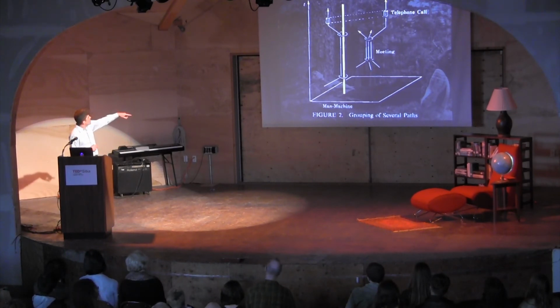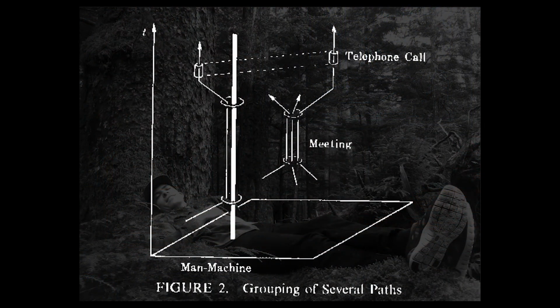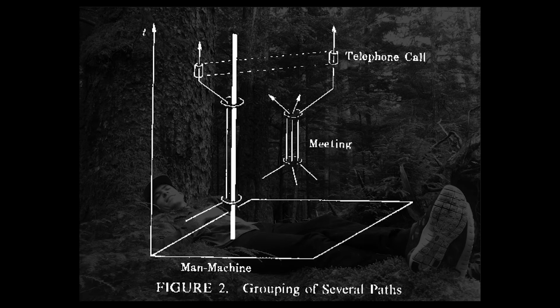So this diagram that's overlaid on top is Hagerstrand's space-time geography model, which he devised as an ingenious way of representing people moving in space and time simultaneously. On the bottom you have a 2-dimensional grid, which is people moving around, and then the vertical axis is time. So you can see people moving and coming together and so on. He has a meeting, which is people coming together and sharing a space.